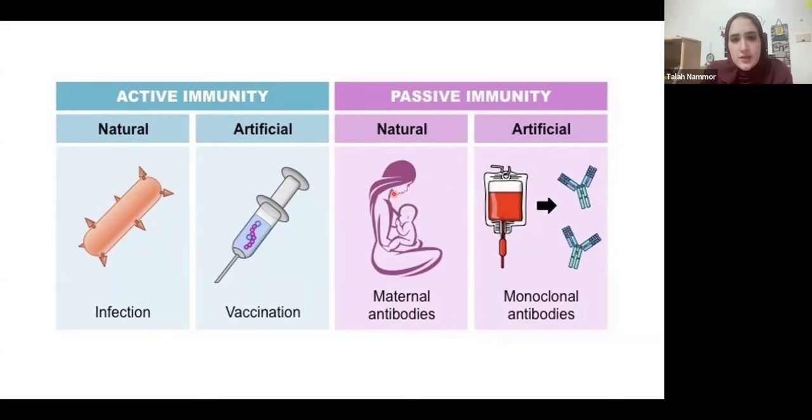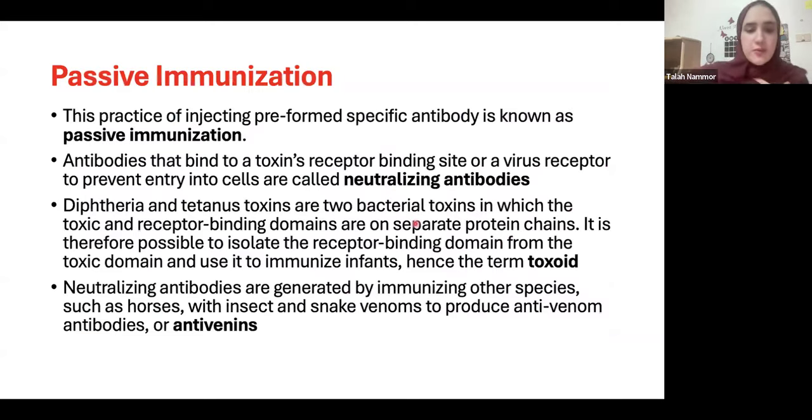So we give him the antibodies. Do you get me? Passive is anything that you give, anything that you don't make yourself. Active is anything you do yourself. So passive immunization, as we said, is injecting preformed specific antibodies. Your body did not form the antibodies; you injected antibodies that are already formed.